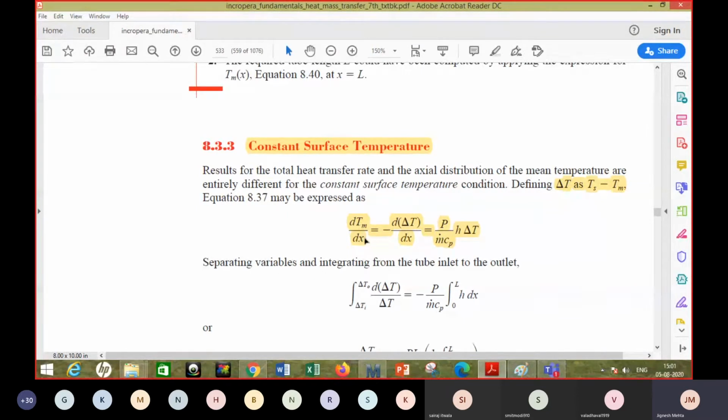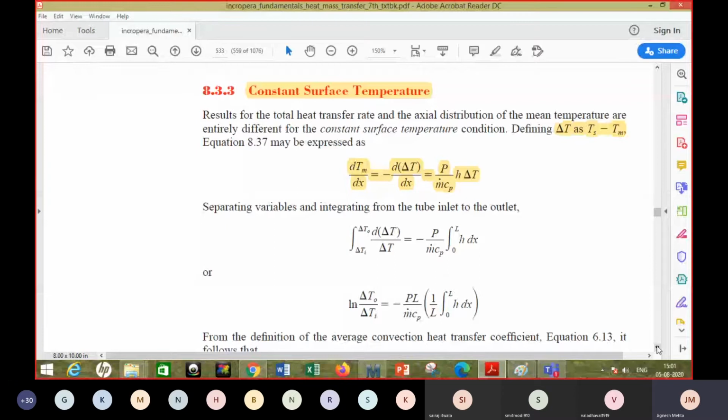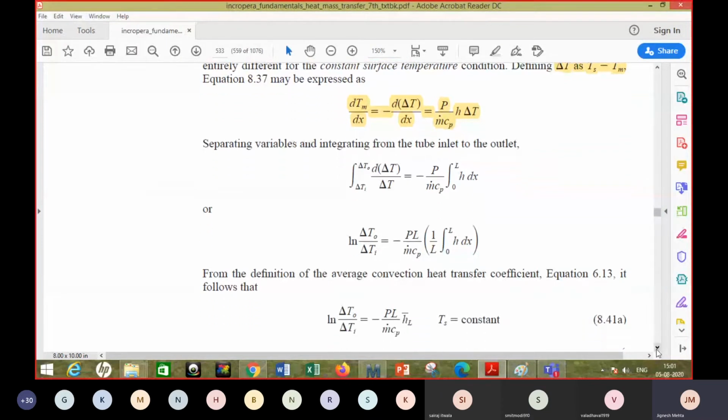So dTm by dx can be written as minus d of delta T upon dx, and that is equal to P upon m dot Cp h delta T. This delta T is again Ts minus Tm, and then you separate the variables and integrate from the inlet of the tube to the outlet of the tube, whose length is equal to L. In that case, you can show the natural log of delta To upon delta Ti, the difference at the outlet over the difference at the inlet.